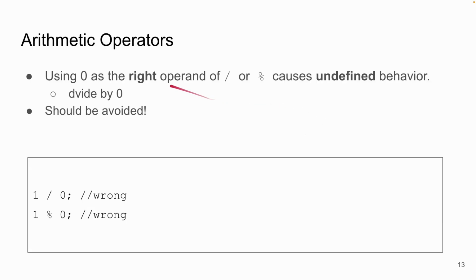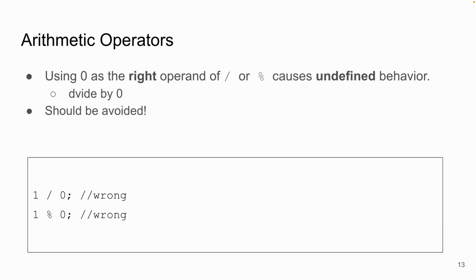That is, if we put 0 as the right operand, that means we divide something by 0. Then if we divide any value by 0, the outcome will be an infinite number, right? And that is too much for C. So if we do that in our C code, you will get undefined behaviors.